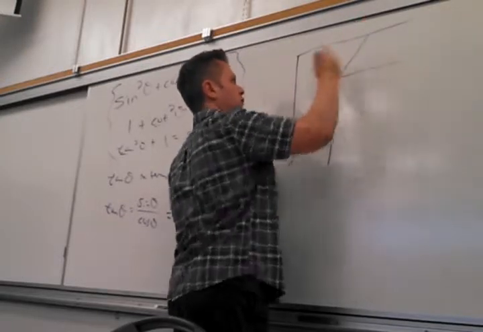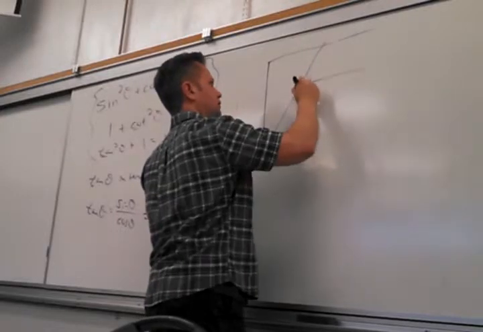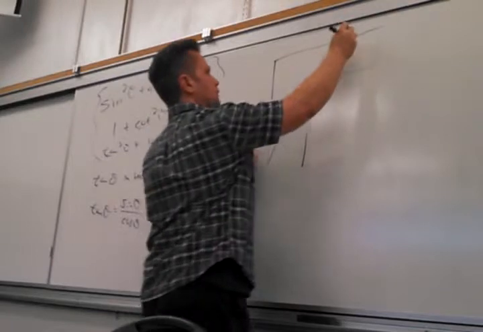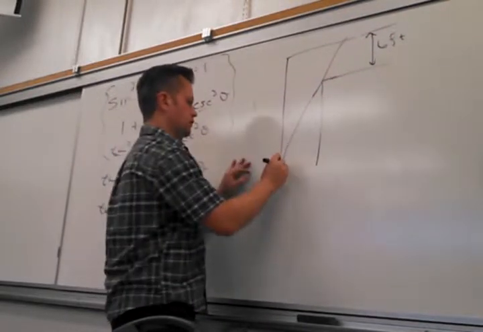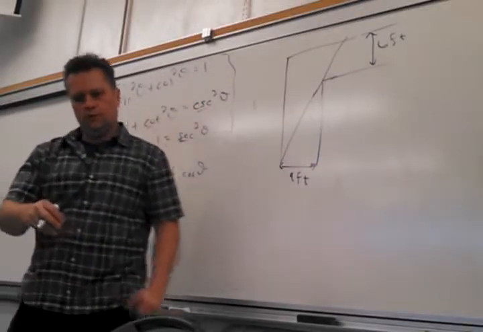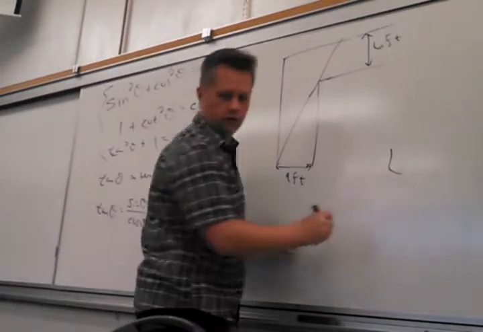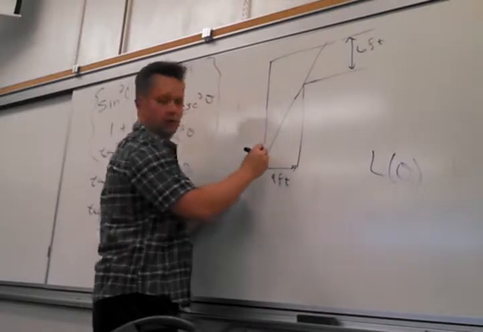It's got a certain length to it. And they give me this is 6 feet, this is 9 feet. Not drawn to scale. They actually give the answer, and they want you to show that this length is dependent on this angle.